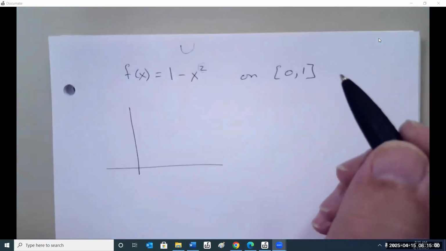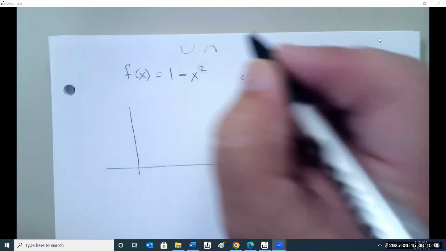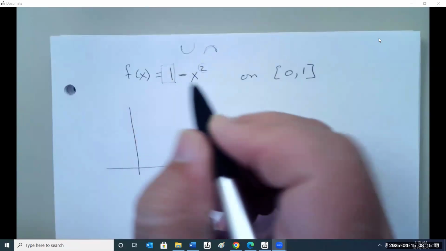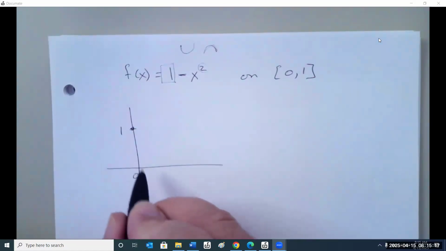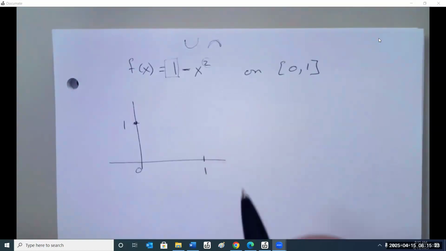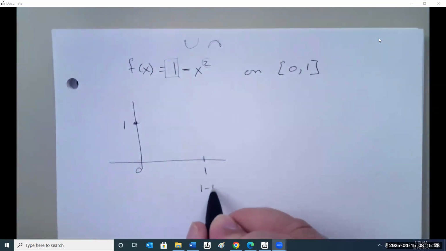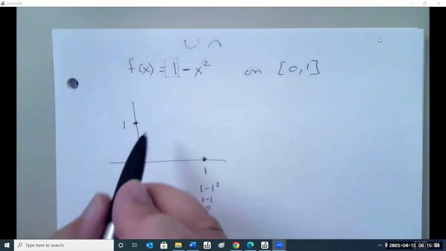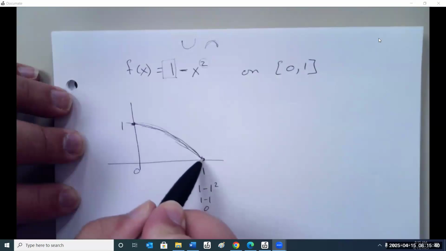But since there's a negative in front of it, it's flipped across the x-axis. Now we have a vertical translation of 1. So at 0, the value is 1. At 1, remember our interval is 0 to 1, so I have 1 minus 1 squared. 1 minus 1 equals 0. So this point is here. Since it's a curve, it has a bend.